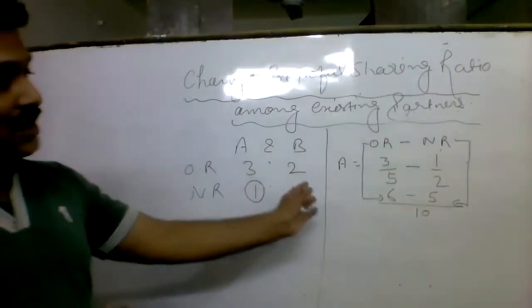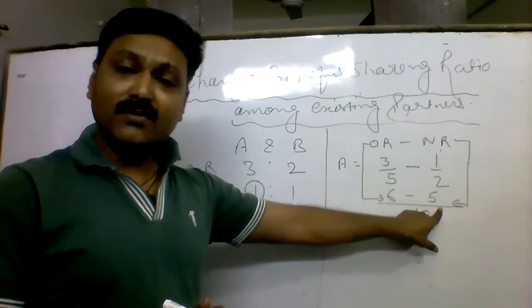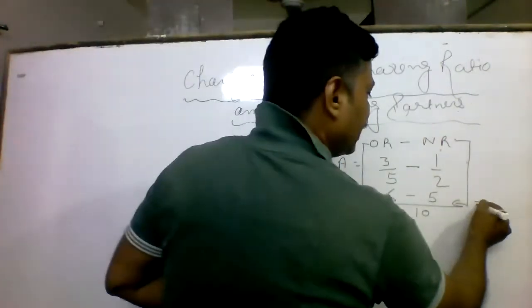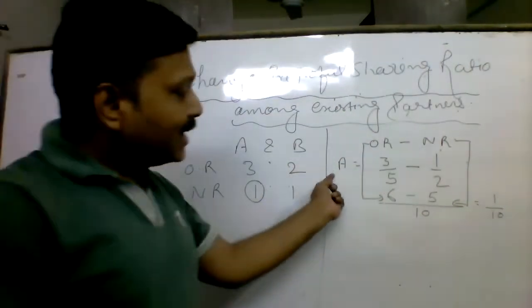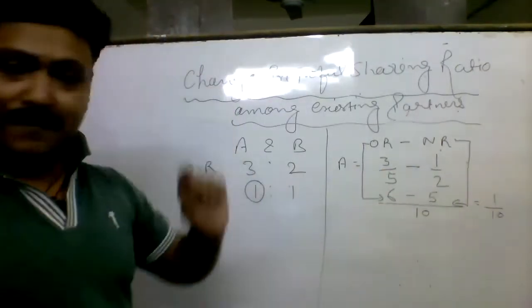A was getting 6 earlier and now he will be getting 5, so the difference is 1/10. This shows that A is sacrificing 1/10 of what he was getting before, right?